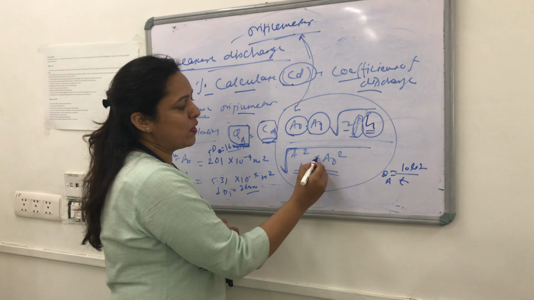So let me just tell you, for G we are going to put 9.81, that is acceleration due to gravity. 2 is again constant, 2 into G into H. And for H, since we have obtained the difference in the height of the mercury, if you remember, we have obtained 14 centimeter minus 11 centimeter, right?